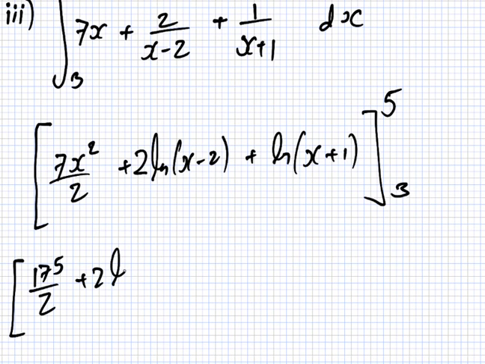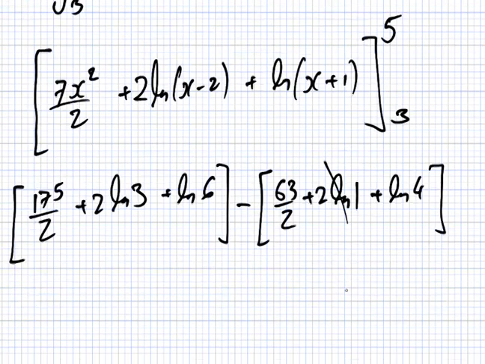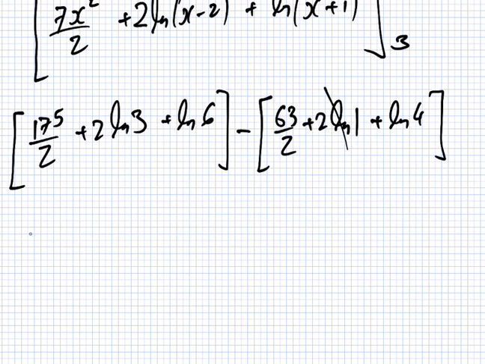Plus 2 log 3 plus log 6 minus 3 squared is 9 times 7 is 63 over 2 plus 2 log 1 plus log 4. Now I know log 1 is 0. It's gone. So if I put these together, 175 over 2 minus 63 over 2.